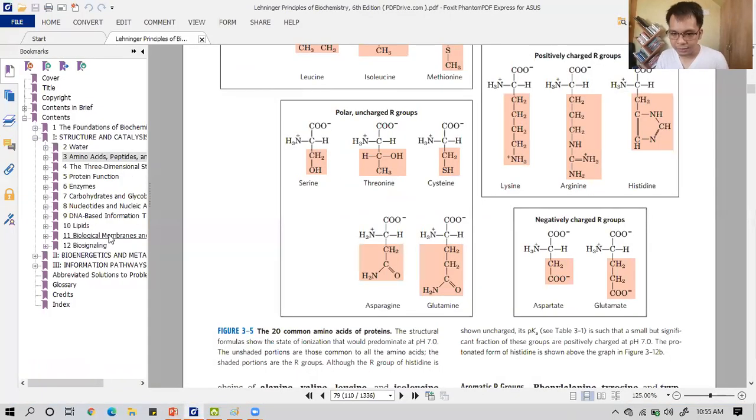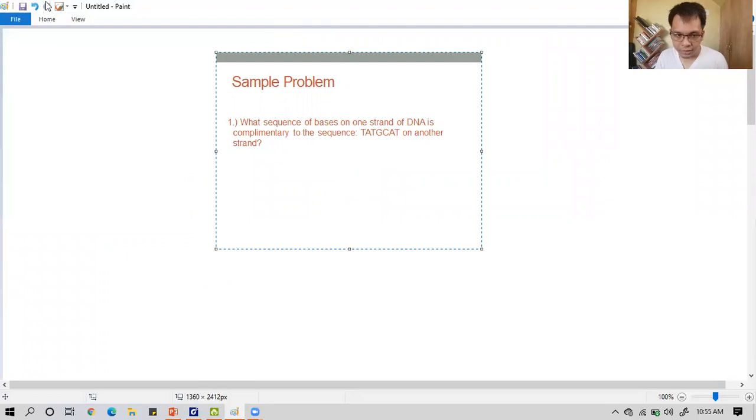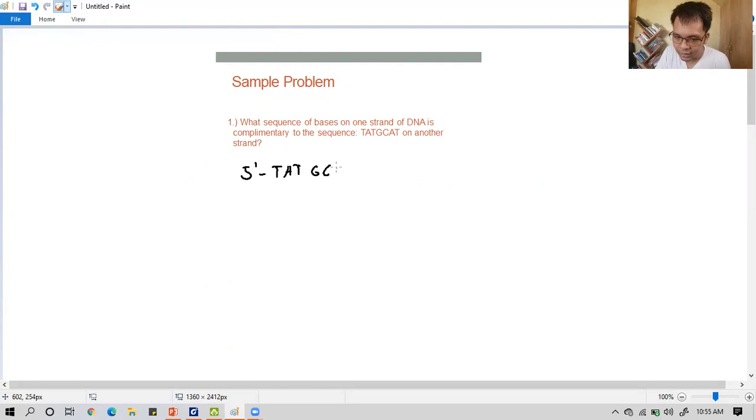Okay, what sequence of one strand of DNA is complementary to the sequence 5' TATGCAT 3'? So kapag complementary guys, yun ay 3' to 5'.